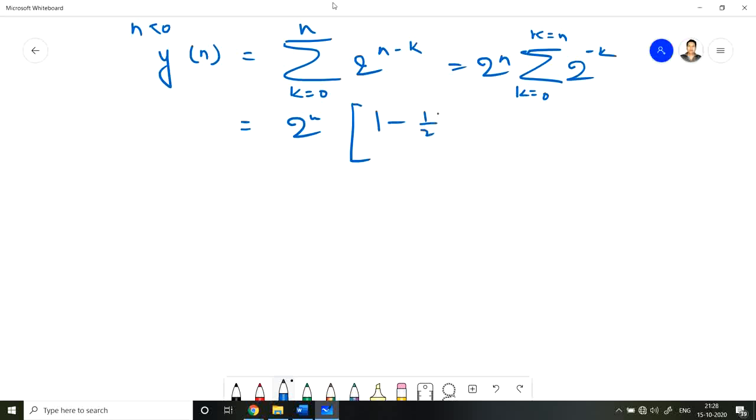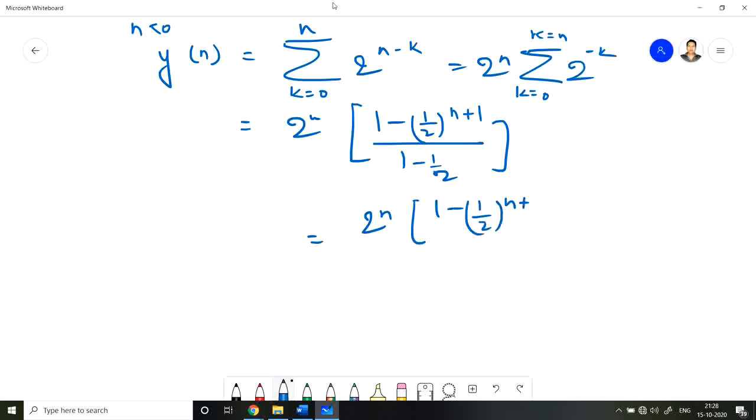1 minus 1 by 2 raised to the power n plus 1, divided by 1 minus 1 by 2. So finally, after solving this, what we will get? We will get 2 raised to the power n, 1 minus 1 by 2 raised to the power n plus 1, divided by 1 by 2.